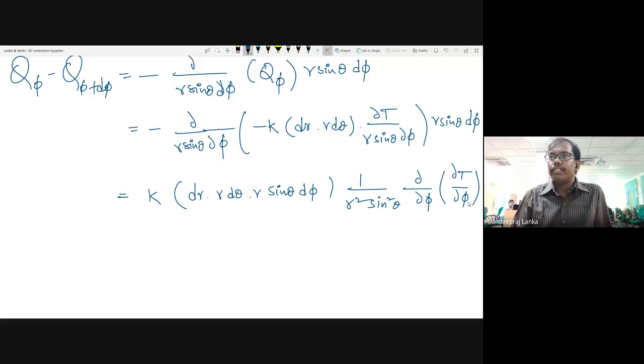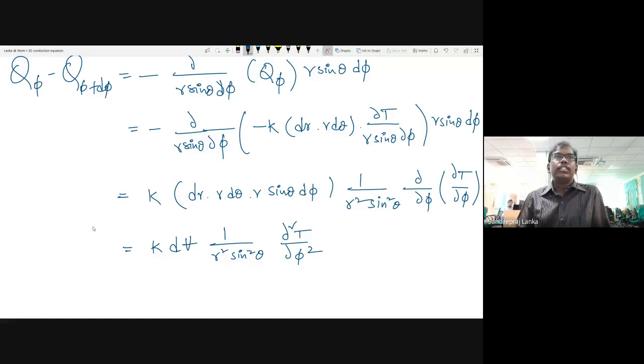That's it. So what I have here is k into dv into 1 by r square sine square theta into dou square t by dou phi square. So this is your q phi minus q phi plus d phi.